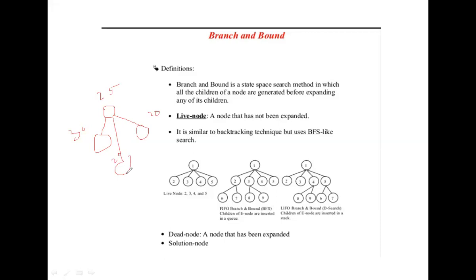Here we consider the least cost is expanded first. When we are using a queue, the first element in the queue is expanded. When we are using a stack, the last node inserted is expanded. In the third one, priority or least cost branch and bound, we use the least cost value to be expanded first. So these are the three methods we are using for branch and bound.